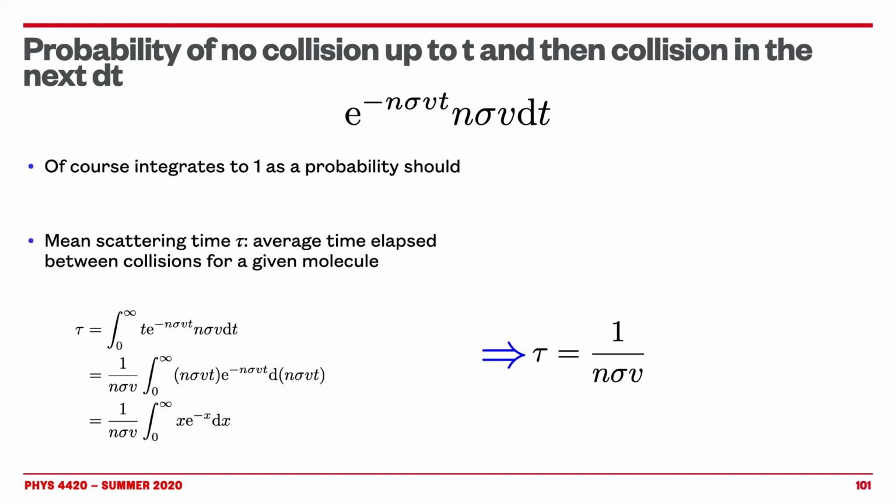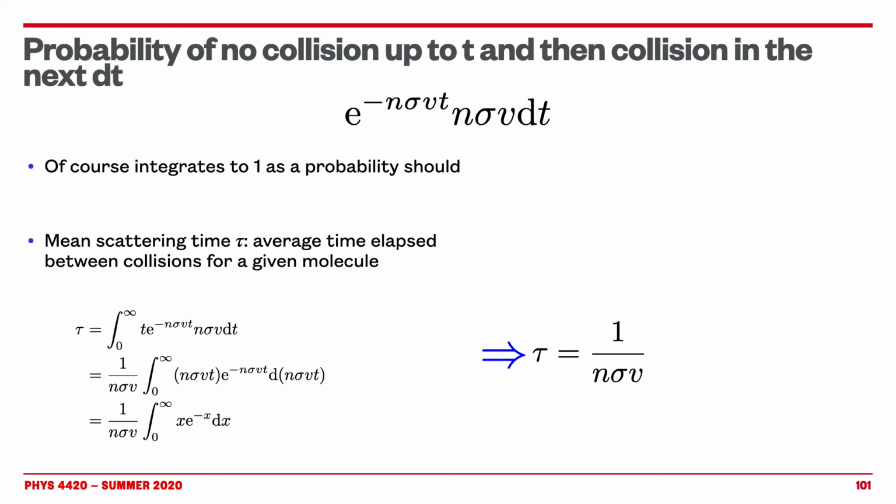Of course, we can already think a little bit why this is so. If we have a very large cross section, basically that means that the cylinder I showed you before would use a large volume, if you will. The time between collisions will be small, because the probability of finding another molecule within that volume is going to be large.